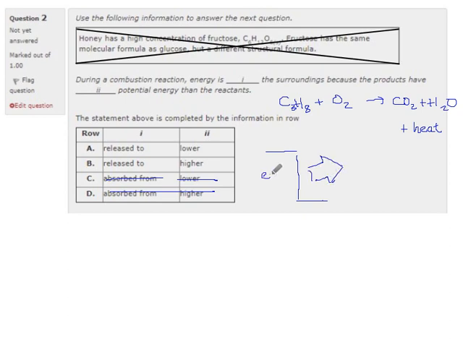So any exothermic reaction is like this, where you start high and then the energy drops. This is the energy contained in the chemicals. If it were an endothermic reaction, we'd see a step up where the chemical species start out at low energy and then absorb some during the reaction and end up higher. So energy is released into the surroundings, and the products have lower potential energy than the reactants should be that.